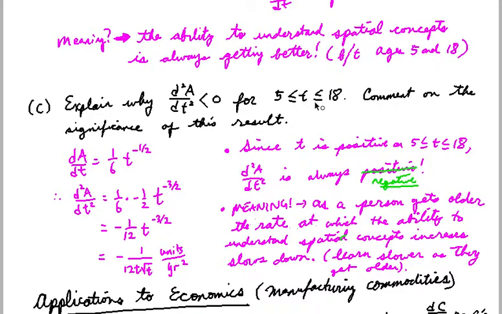And that sort of makes sense too, because a 5-year-old will probably soak in a lot more information than an 18-year-old would. Not necessarily true, but they say that if you're really, really young, you learn faster, right? So hopefully you can think really deeply about the context and comment on the significance of the different results that you get.